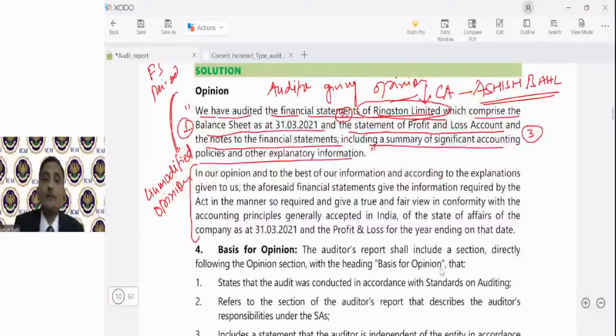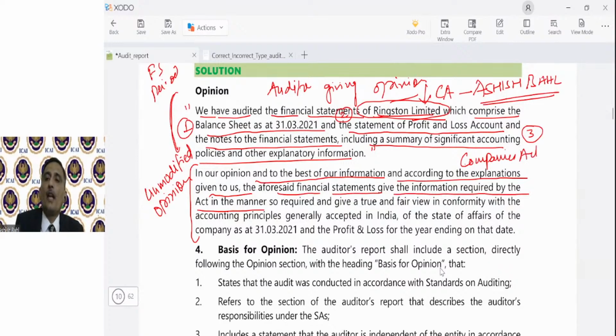So in our opinion and to the best of information and according to the explanation given to us, the aforesaid financial statements give the information required by the Act. Say the audit is being conducted in accordance with the Companies Act 2013. Assume. Okay.